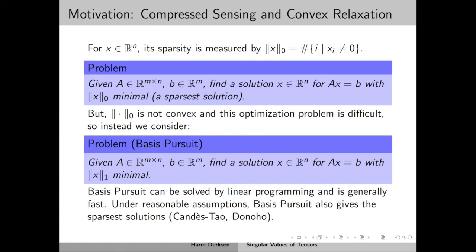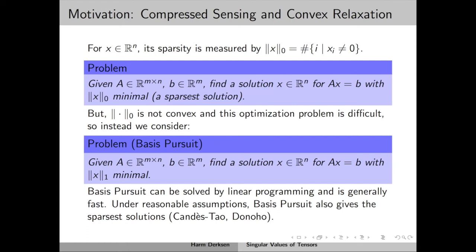There are some results by Candes, Tao, and Donoho that show that if, for example, this A is random in a certain way, with certain parameters, then the probability that you find a sparse solution with this method is close to 1.